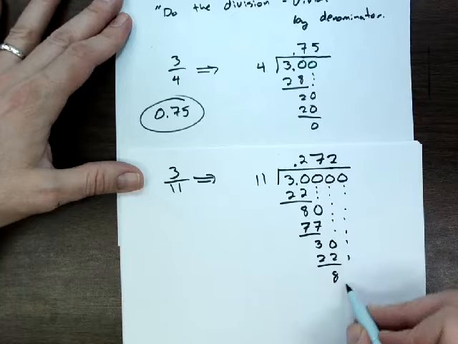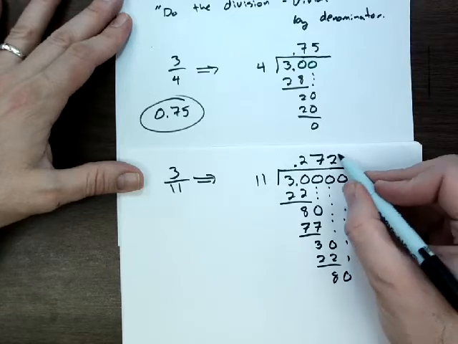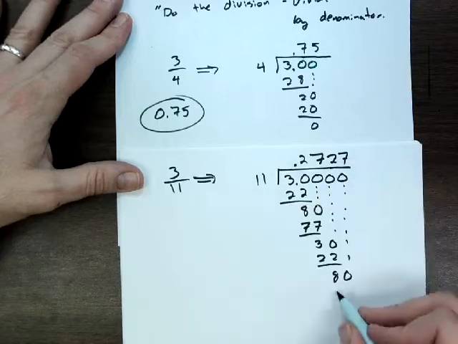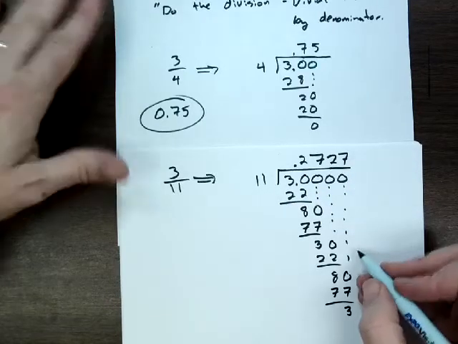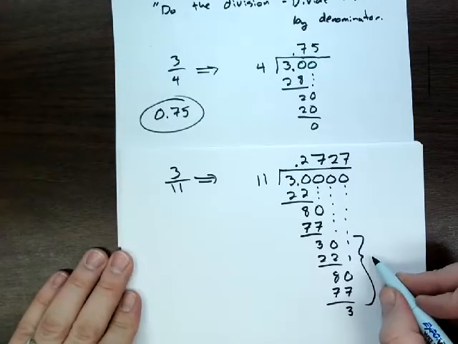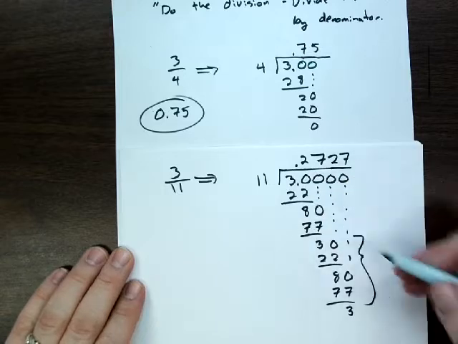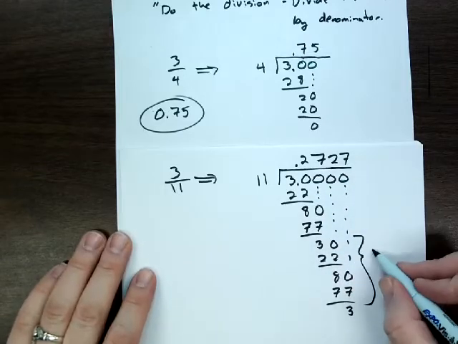And now I've got an 80. 11 goes into 80. Well, it looks like 7 times again. 7 times 11 is going to be 77. And here I've got this 3. Notice that we've got a repeating pattern of remainders.